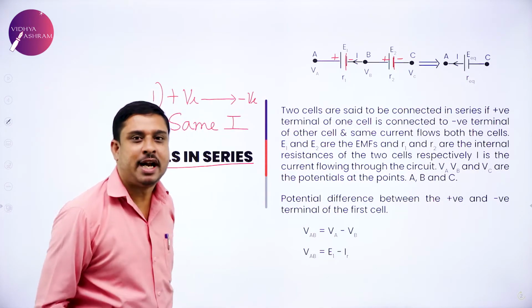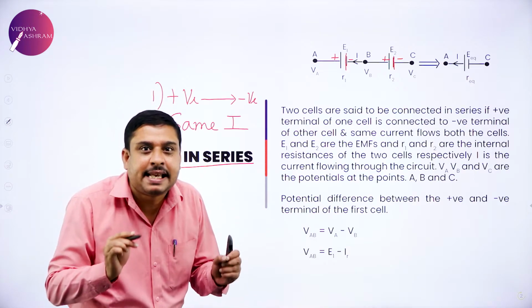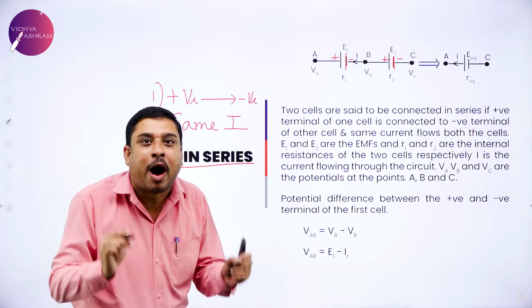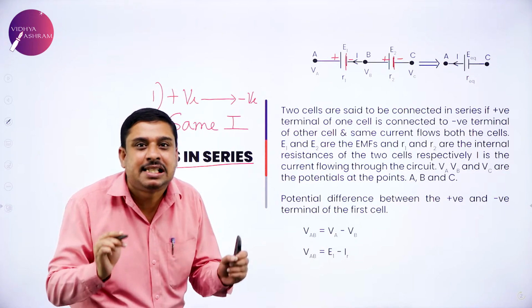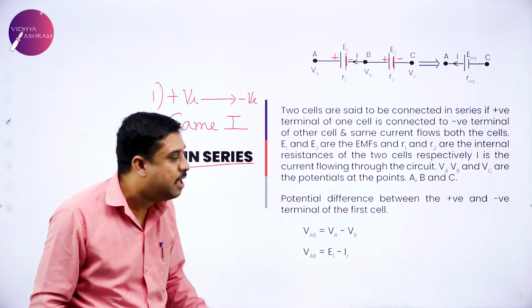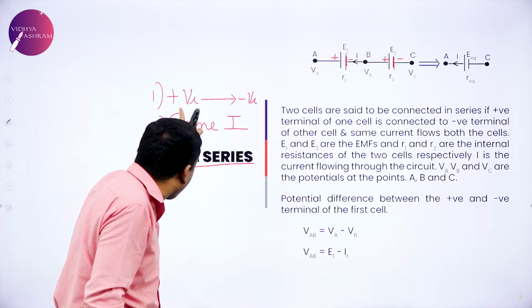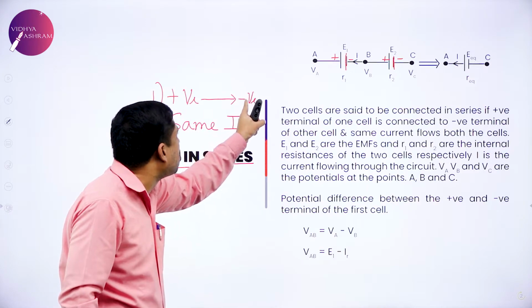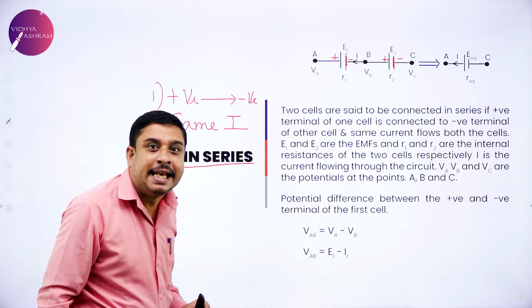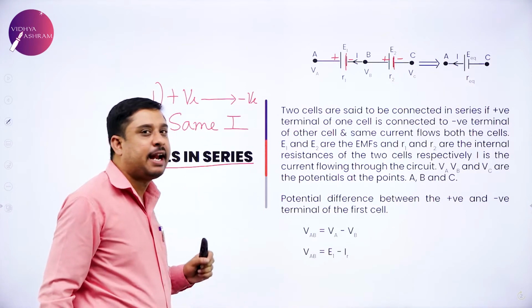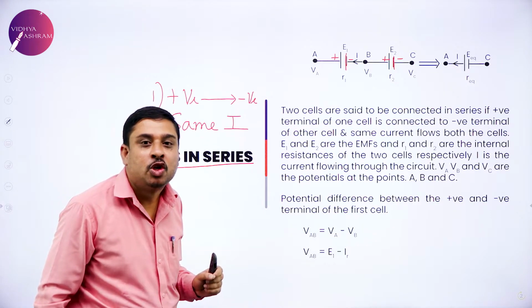So, my dear students, the basic condition for cells in series is that the positive of one cell has to be connected to the negative of the other cell, and the same current should flow through both the cells.